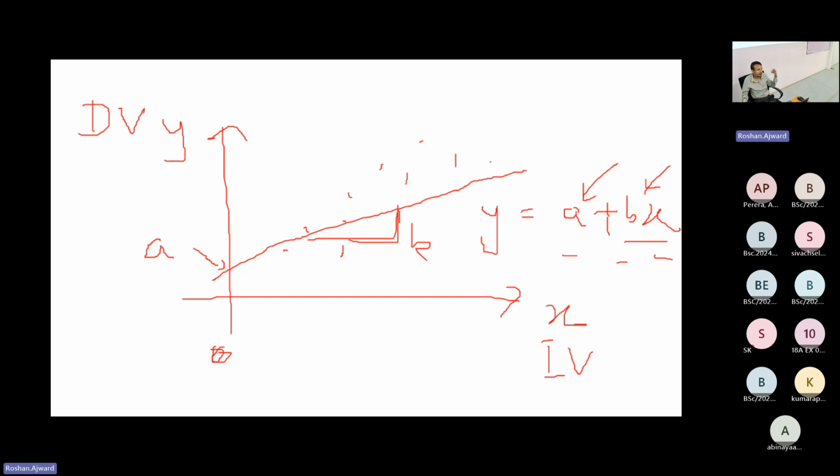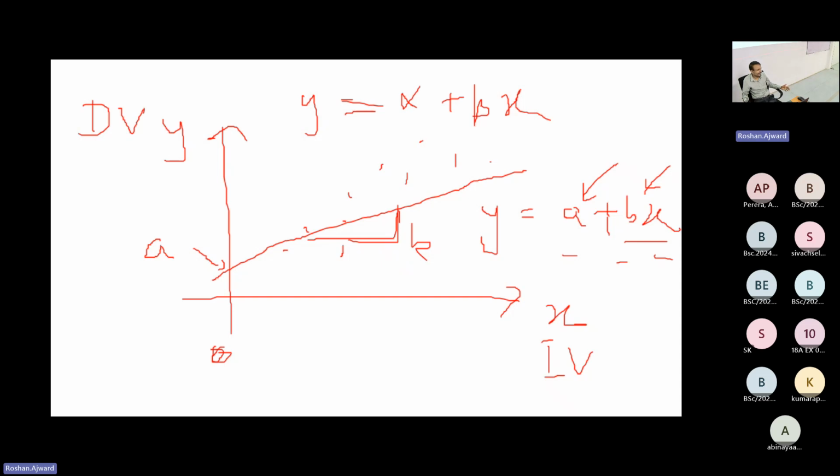But now you are in a degree program, isn't it? Now we don't say y equals a plus bx. We would say something very similar: y equals alpha plus beta x. Same thing.